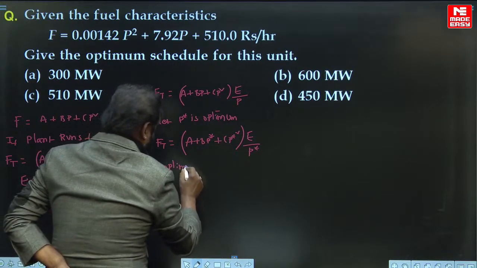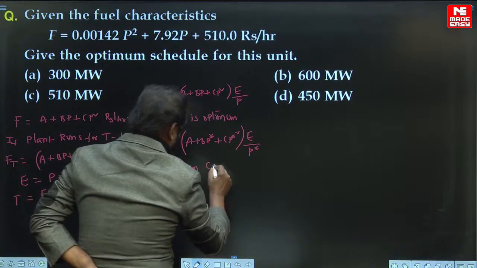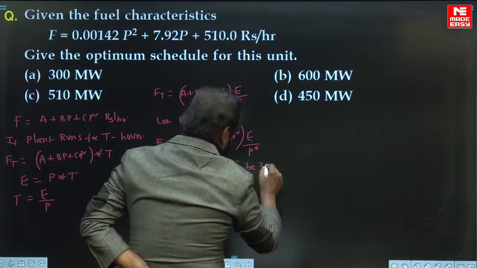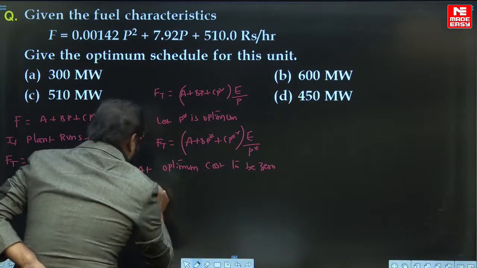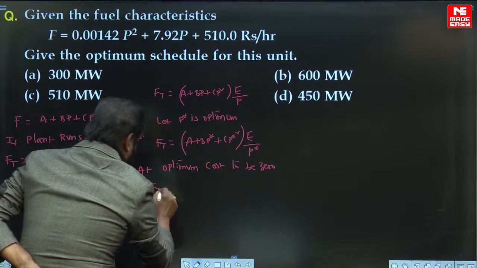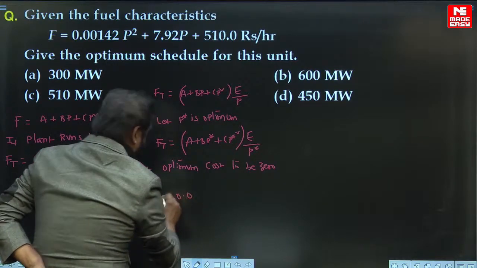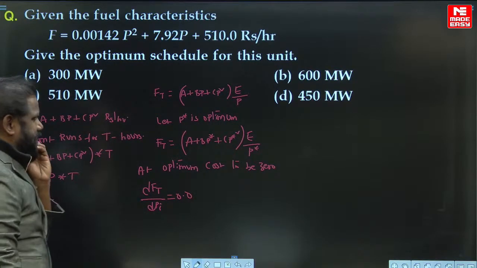Okay, at optimum, the derivative of cost should be 0. Then DFT by DP is 0. What should it be?